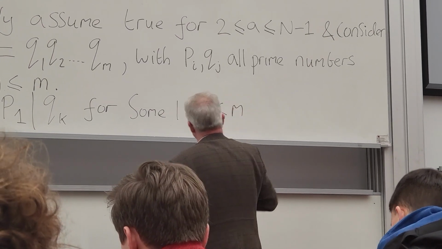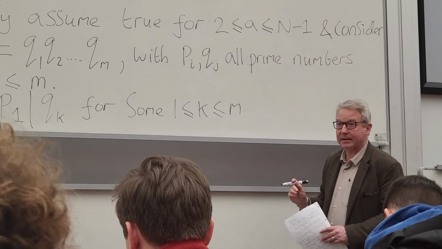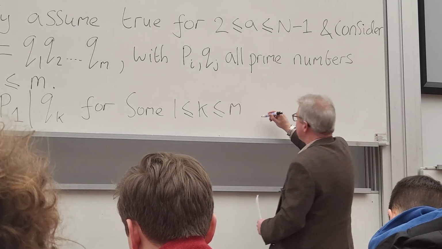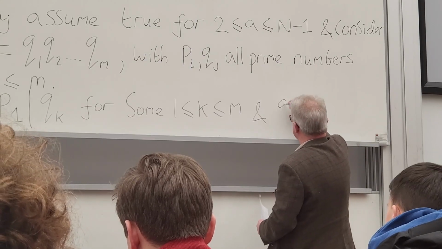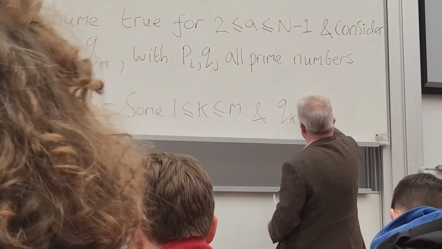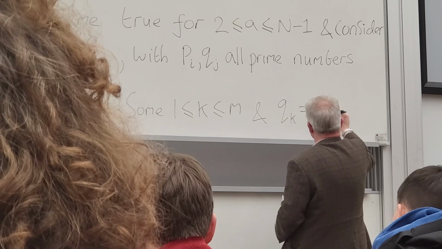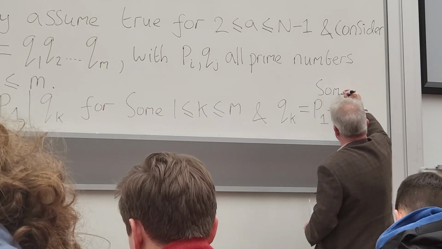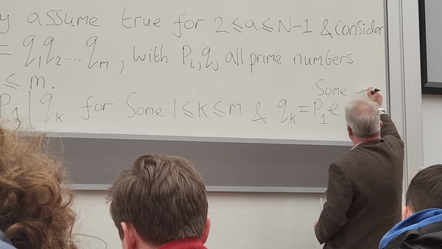Okay, so k will be one of the m possible values. And so Qk is P1 times E for some integer E.